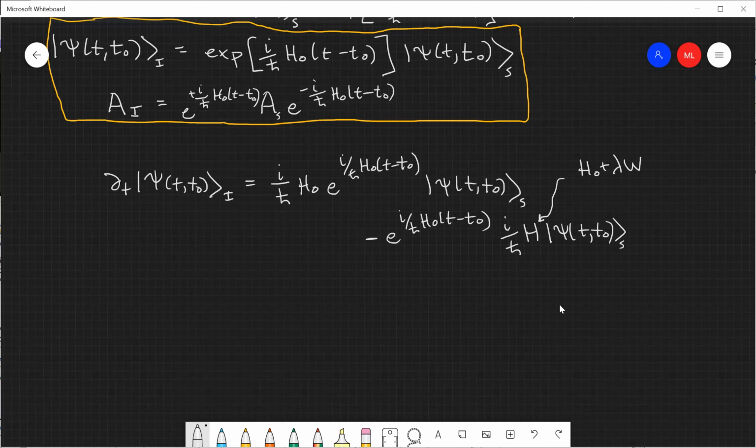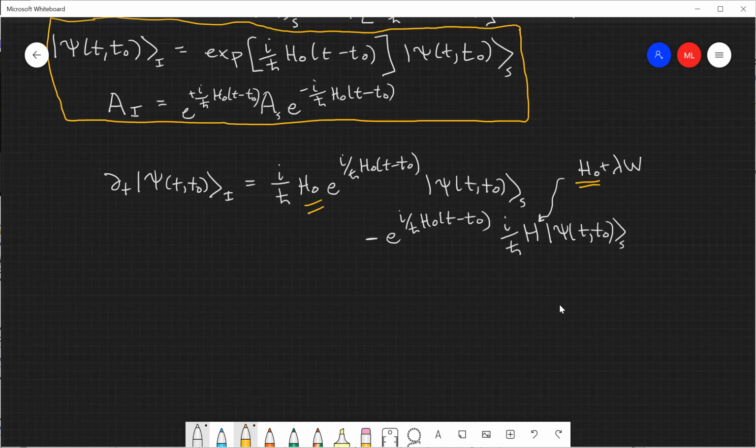So you have these two terms, and now you can start rewriting things so that you get back out the interaction picture state. The first thing to notice is that if this is H naught plus lambda W, then this term right here, the one with H naught, cancels precisely this term, right?